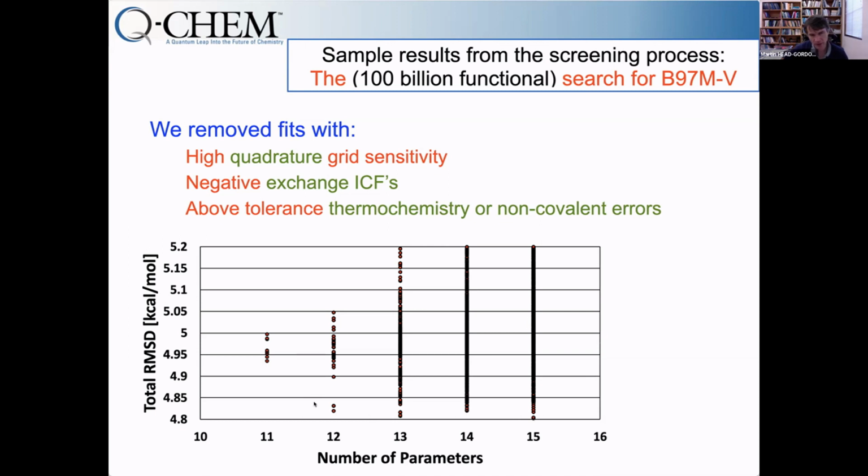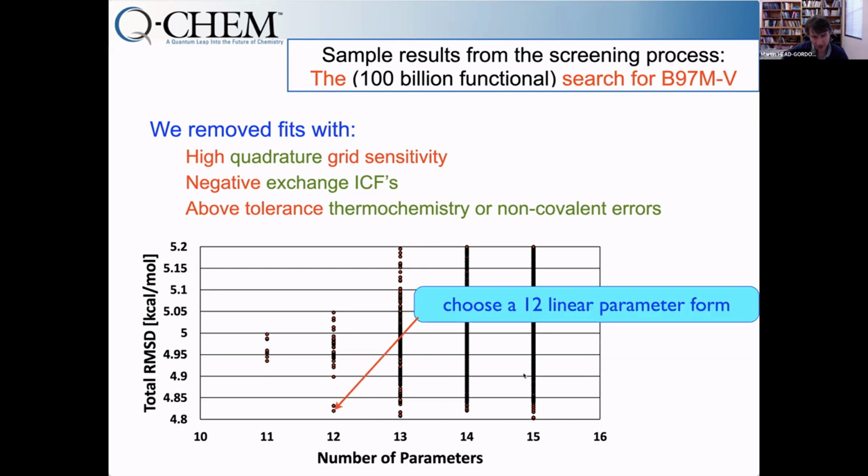And so essentially the idea of picking the functional that has most predictive power, where should you stop? You should stop once this flattens out. And so for argument's sake, we then choose a 12 linear parameter form. But we could have chosen this one instead, or we could have chosen the 13. So in fact, when we pick out a functional and we published it, all we really got was a representative of the fittest functionals.